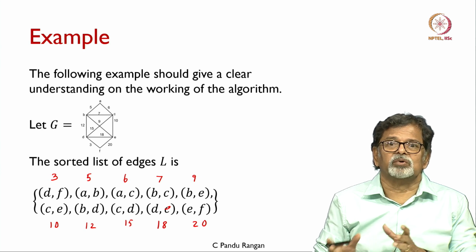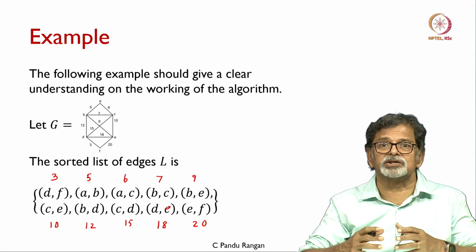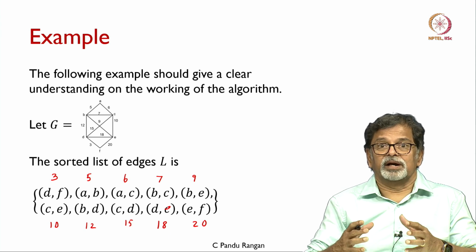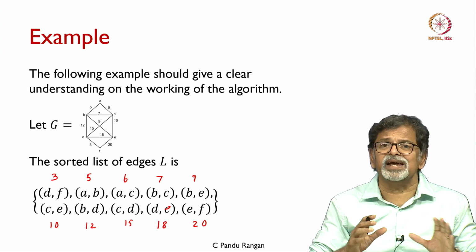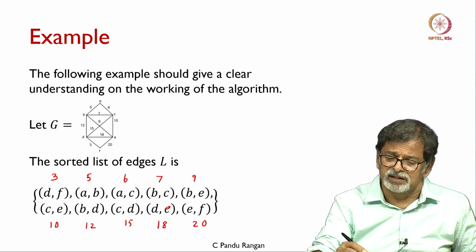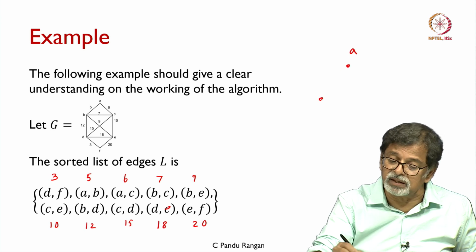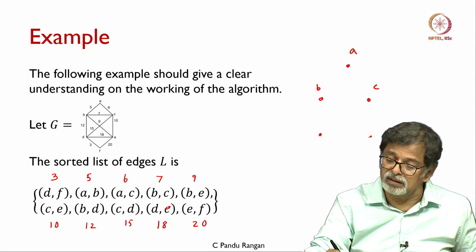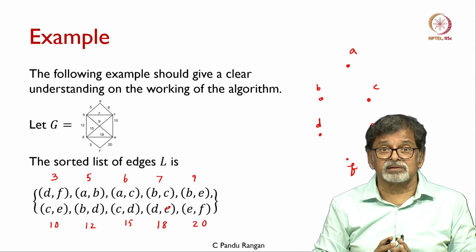Now I am going to execute the algorithm and show the development of this spanning tree. Edges are added. Okay. So initially A is empty, there are no edges. So A, B, C, D, E and F. These vertices are considered.